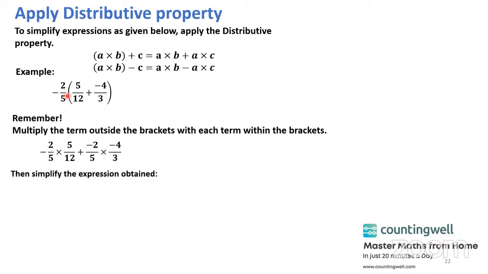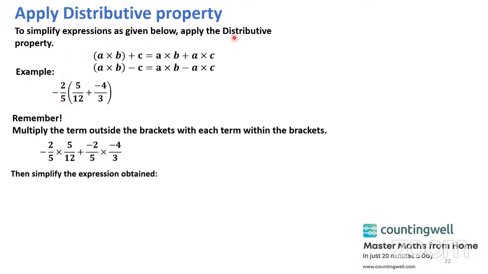Remember that inside the bracket we will either have a positive sign, that is plus sign, or minus sign, and outside the bracket we will be having a product of some number, or we will be taking the product of a number with the sum of two numbers.